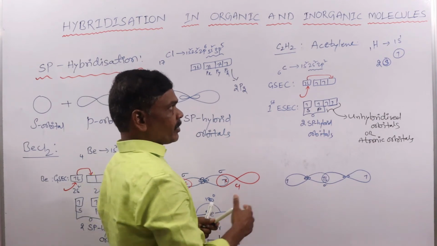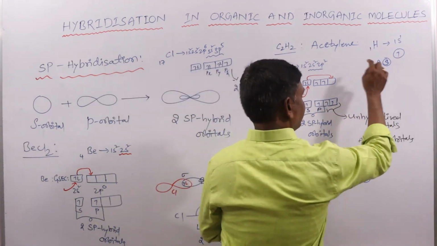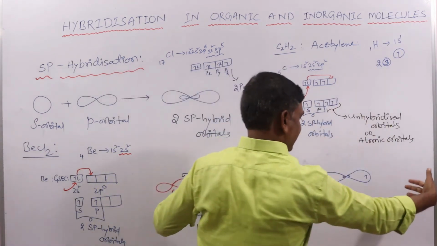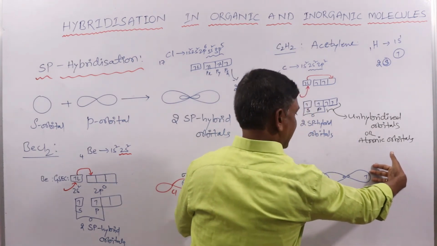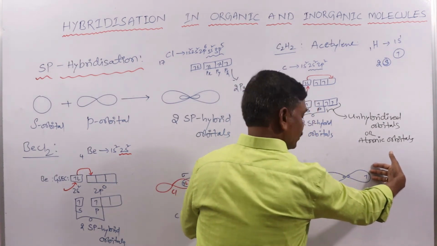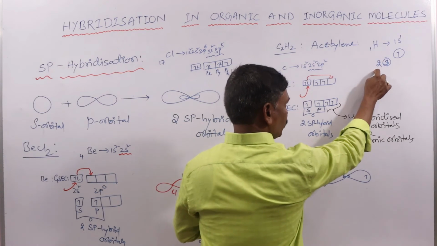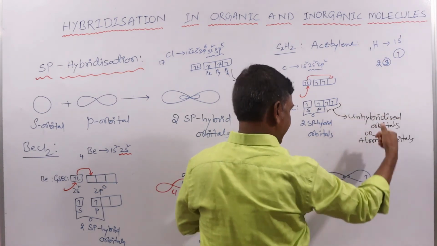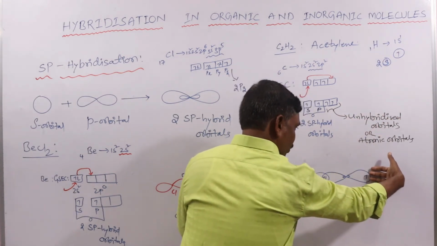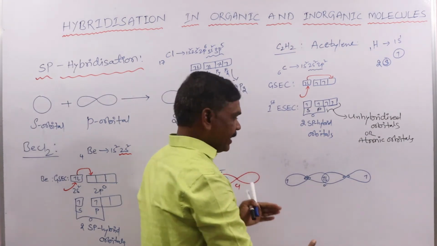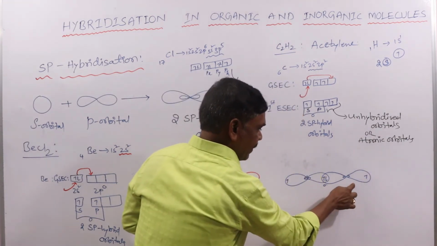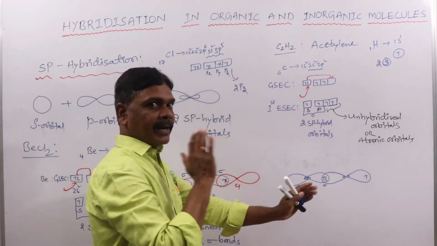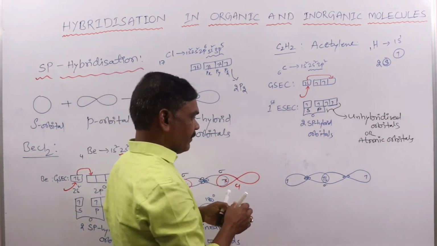Okay, so now 2 1s1 orbitals of hydrogen which overlapping? Linear overlapping. 2 1s1 orbitals of hydrogen linearly overlap with hybrid orbitals of carbon.